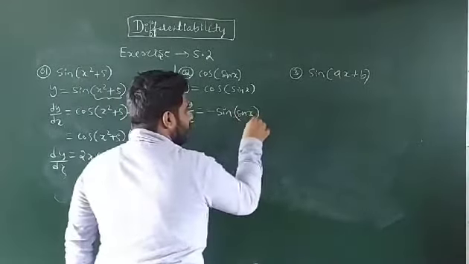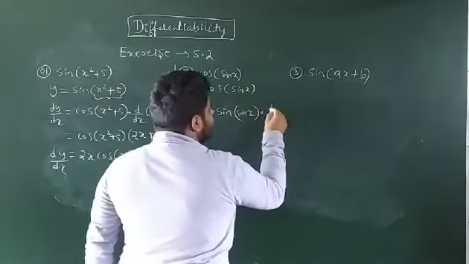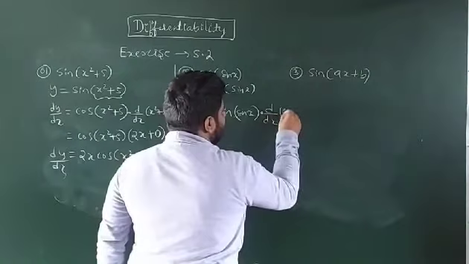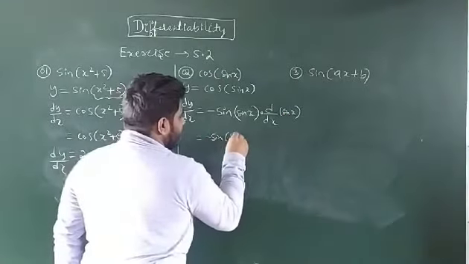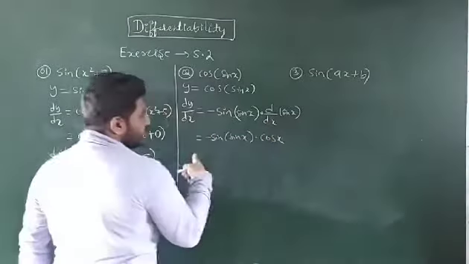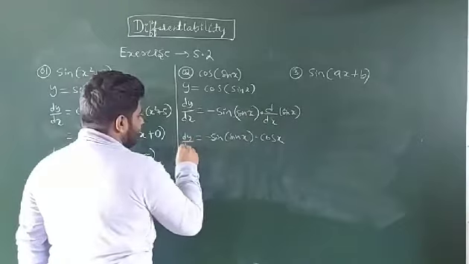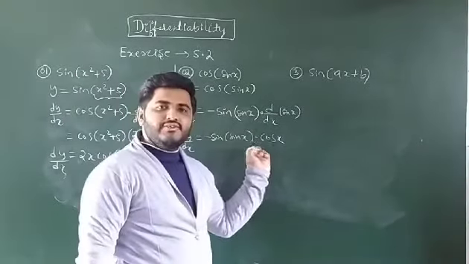Sin x. Right? Sin of sin x. Now the derivative of sin x, again we have to find. So minus sin of sin x into the derivative of sin x, which is cos x. So this is the answer for this question. The derivative of cos of sin x is minus sin of sin x into cos x.